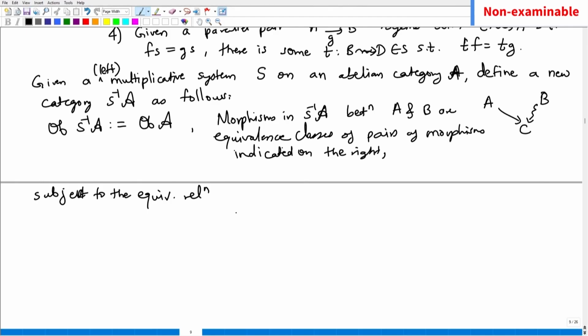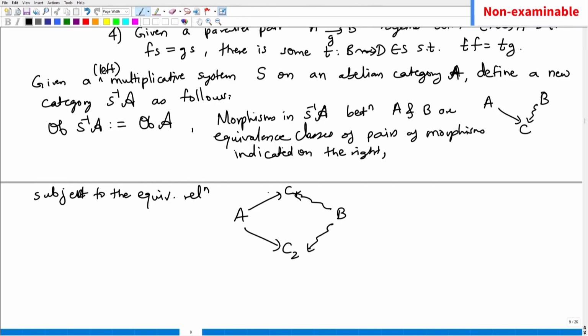So I can write A and B, then I can write C1, then this is any morphism, and this is any morphism, and this is C2, and this is also another sink.